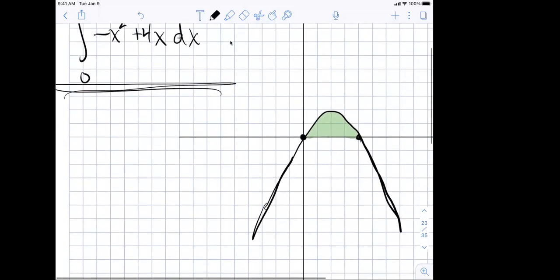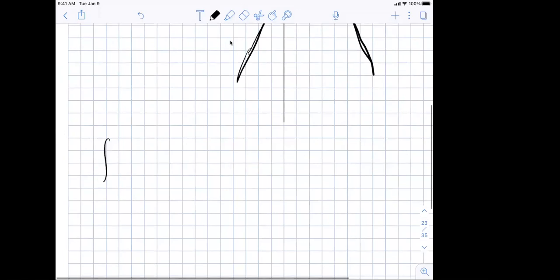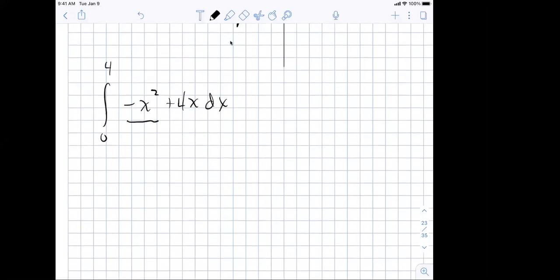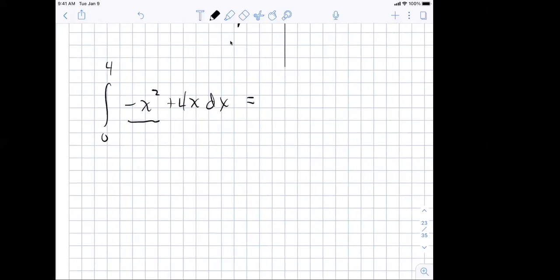Well, I'm trying to find the integral from 0 to 4 of negative x squared plus 4x. What's an antiderivative of negative x squared? I agree with x cubed, and I agree with the over 3, but there's not going to be a 2 out in front.